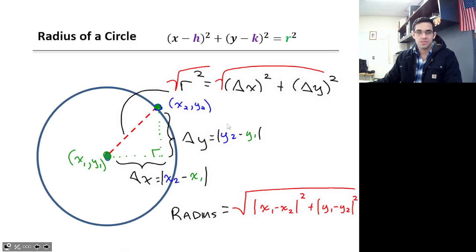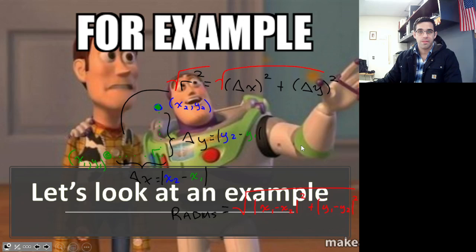So anyways, this is just a nice long way of saying how long is this x piece, how tall is this y piece. We square those and square root it, and that gives us the radius. So that's our setup there. It's called the distance formula. If you want to Google it and see a better explanation, search distance formula.